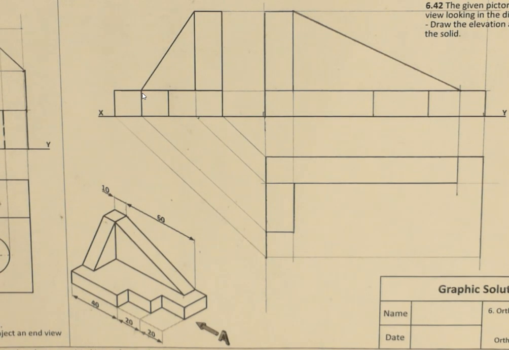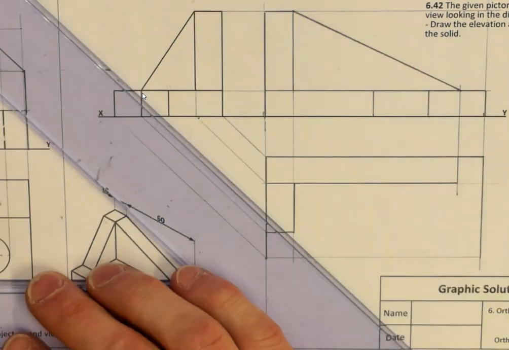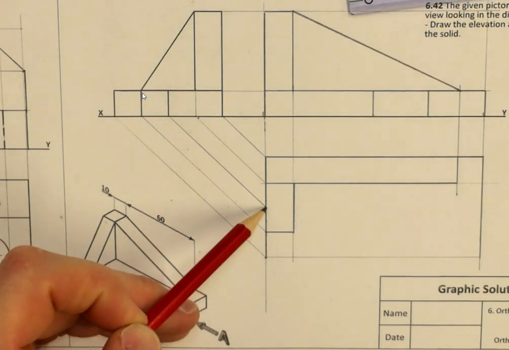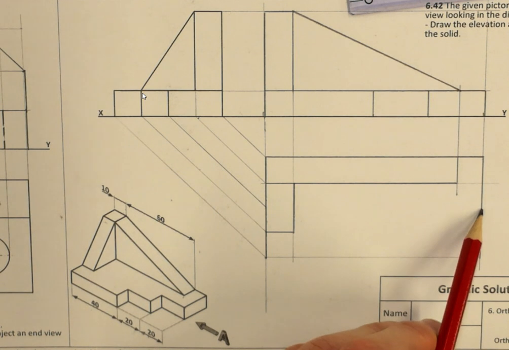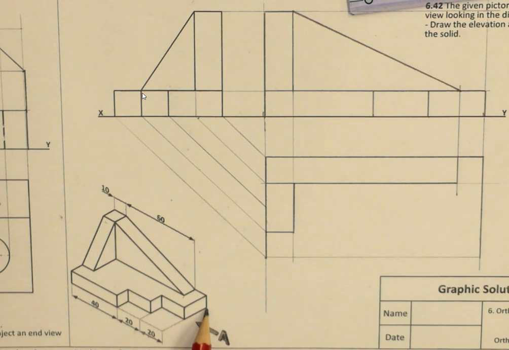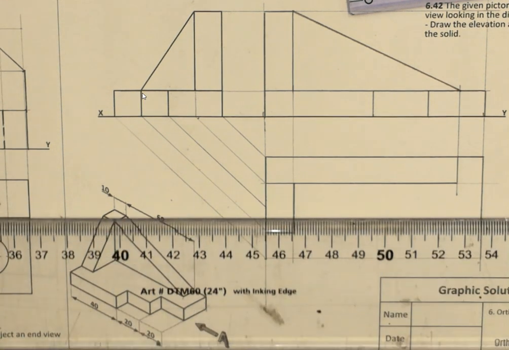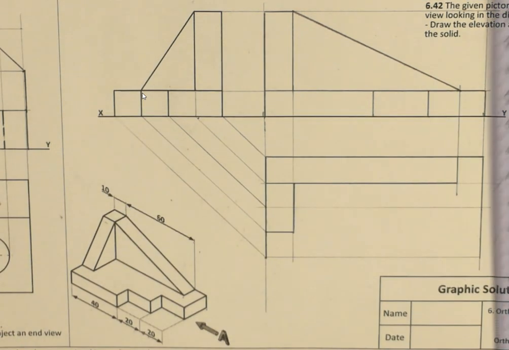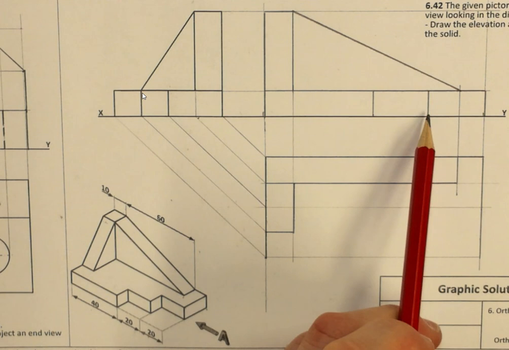Okay, my next step is to bring this view down here. When I bring that line down and take it over across here, it'll tell me the distance from here to here. So that's marked. This is our next point.